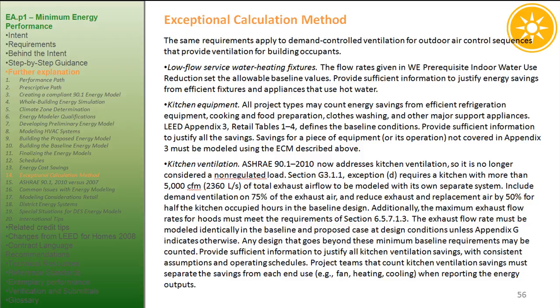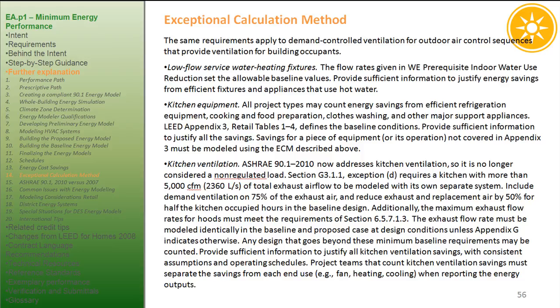Provide sufficient information to justify energy savings from efficient fixtures and appliances that use hot water. Kitchen equipment. All project types may count energy savings from efficient refrigeration equipment, cooking and food preparation, clothes washing, and other major support appliances. LEED Appendix 3, Retail Tables 1-4, defines the baseline conditions.